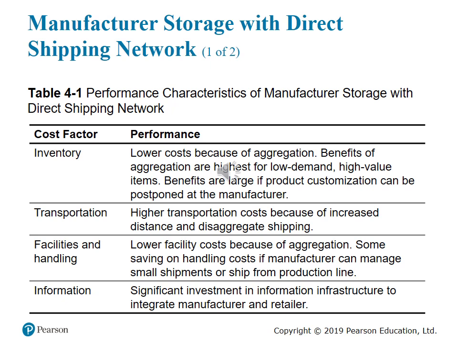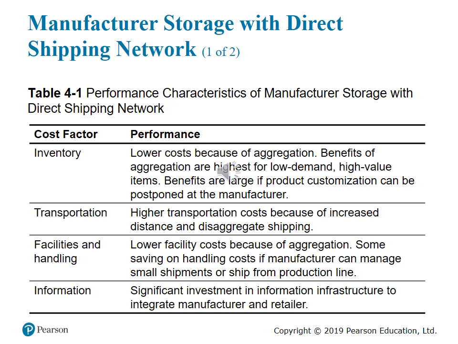Benefits of aggregation are highest for low demand, high value items, such as cars. We don't have high demand on cars, but they are of higher values. So the company or the manufacturer gets good profits.